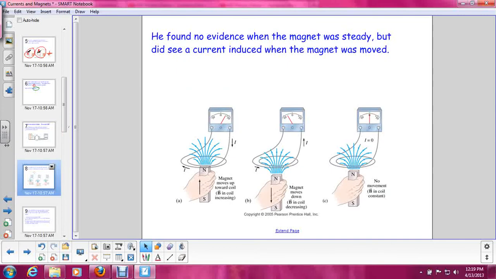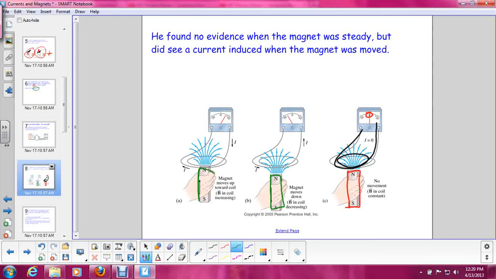It turns out that when he hooked up his wire to a little meter to see if he had any current, and he just held a magnet in there, nice and steady, nothing happened. He got absolutely no current. But he discovered if he moved the magnet either up or down within this coil, he got a current.